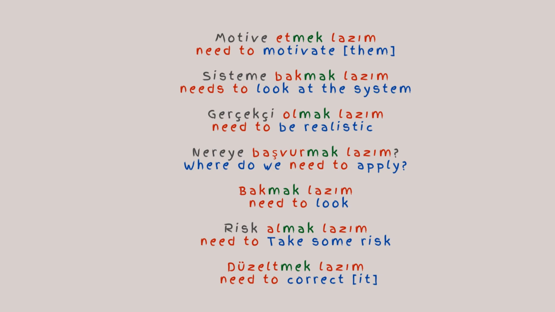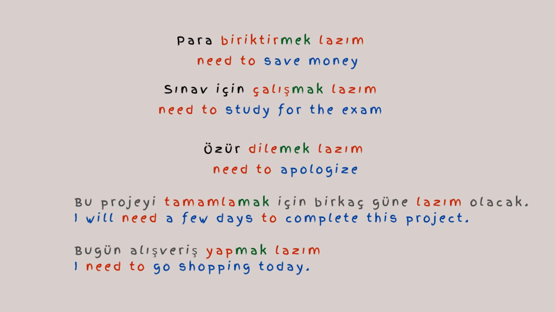Düzeltmek lazım. Need to correct it. Para biriktirmek lazım. Need to save money. Sınav için çalışmak lazım. Need to study for the exam. Özür dilemek lazım. Need to apologize. Bugün alışveriş yapmak lazım. Need to do some shopping today.